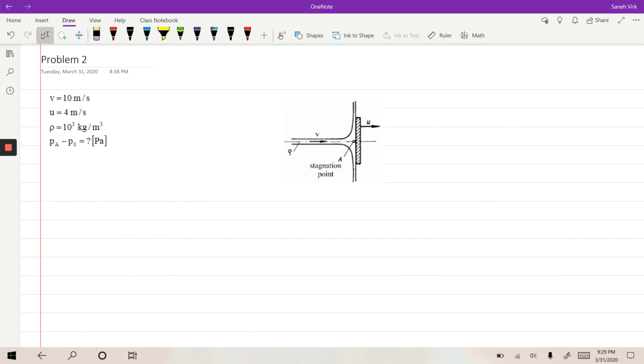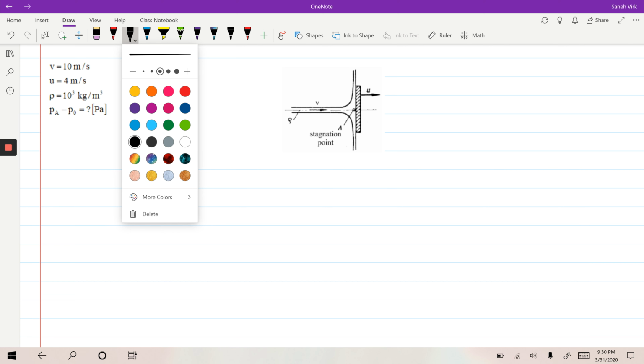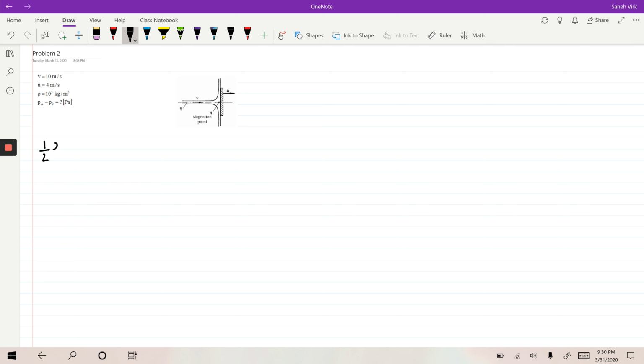Problem 2. I'm going to use the same equation that I used last time here, which is 1/2 rho v squared plus rho g h plus p naught equal 1/2 rho u squared plus rho gh plus pa.